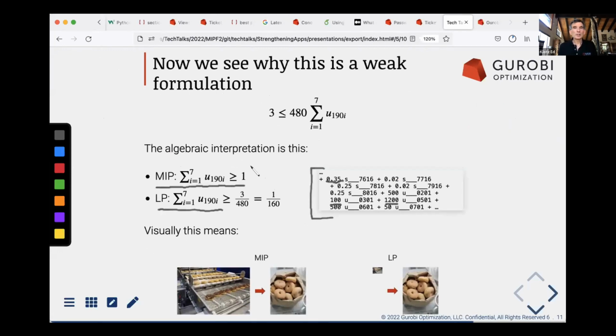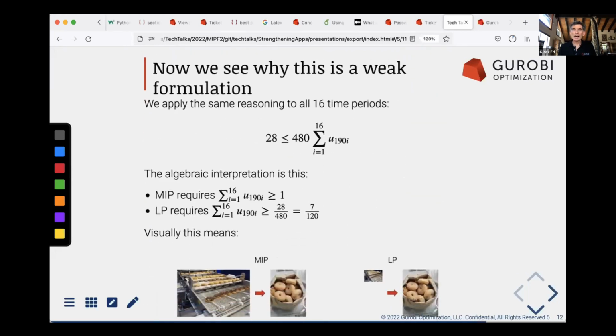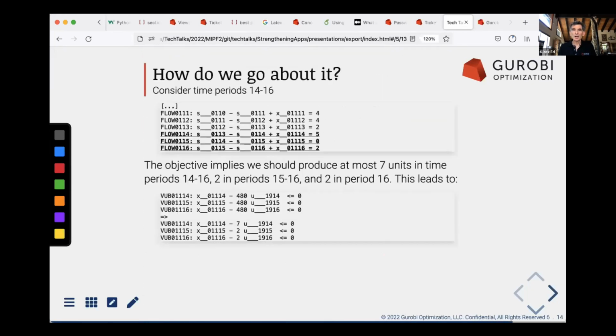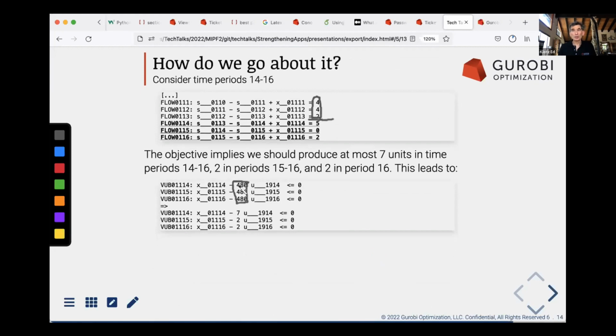So you're right that this is a mixed integer rounding cut, and Gurobi will figure it out. In fact, it already figured it out on this problem. But that was not enough to get the 2x performance boost, because yes, this does address the particular weakness in the formulation here, but it doesn't address the issue we have with these 480 coefficients.